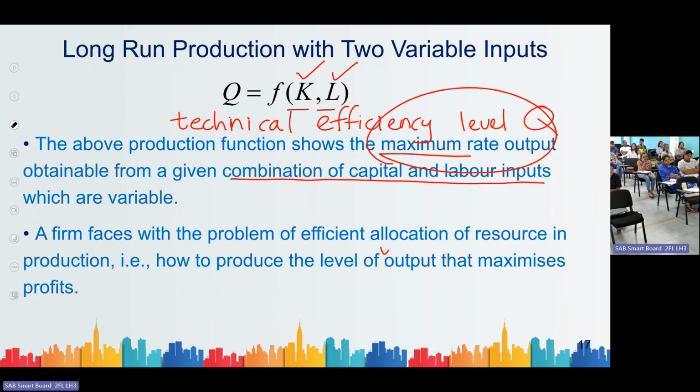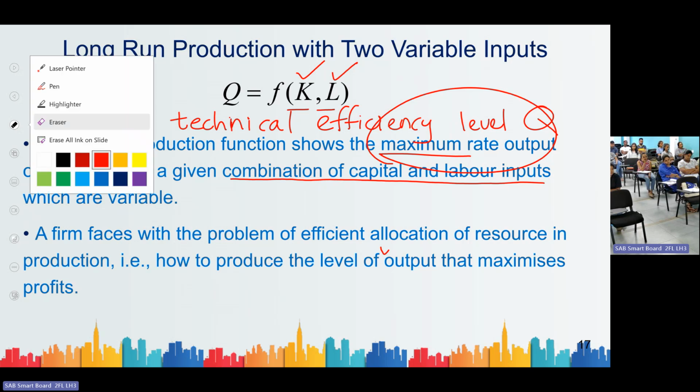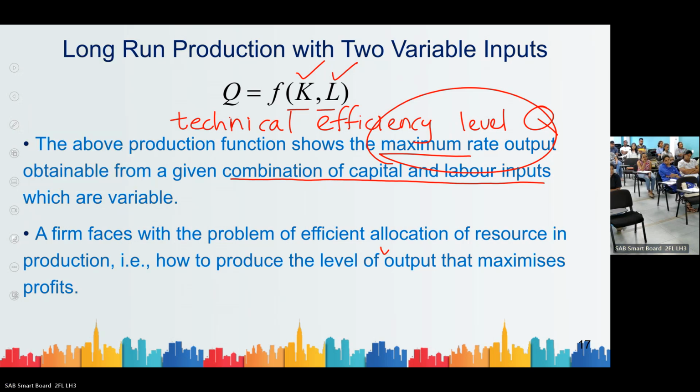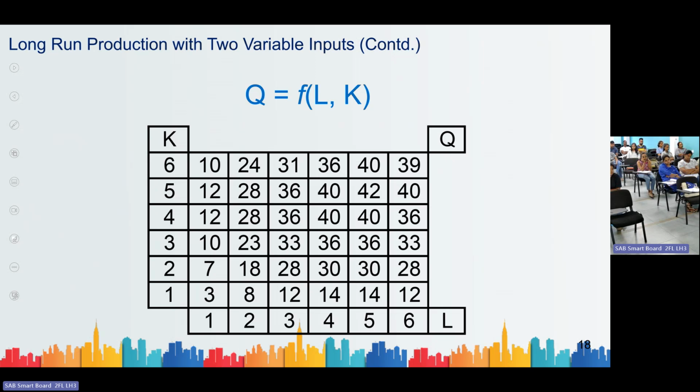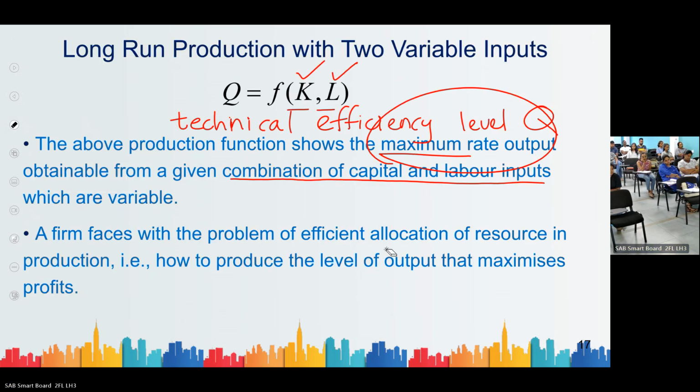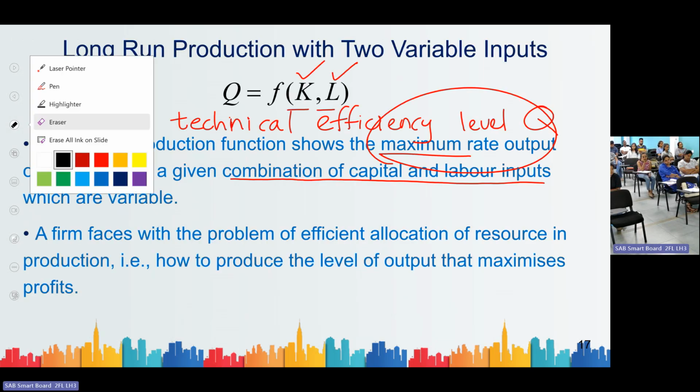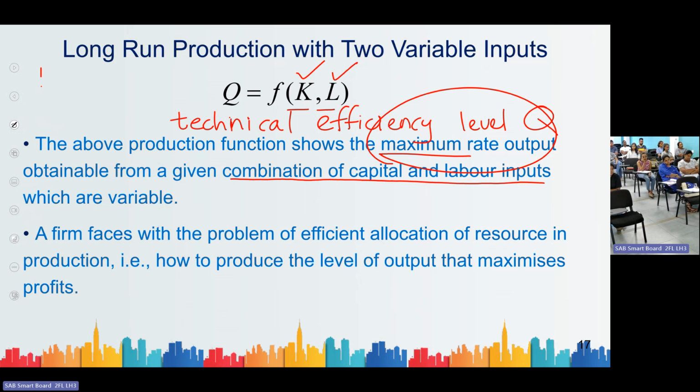A firm faces the problem of efficient allocation of resources in production. How to produce the level of output that maximizes profit. So here also, the firm's objective is profit maximization.